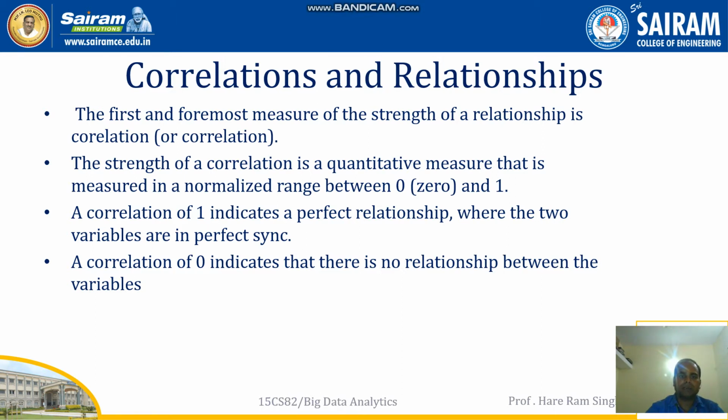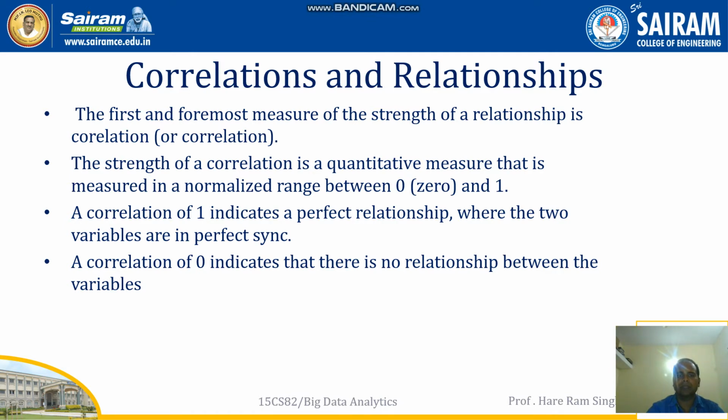Correlation and relationships. The first and foremost measure of the strength of a relationship is the correlation. We have to find a correlation. The strength of correlation is a quantitative measure that is measured in a normalized range between 0 and 1.